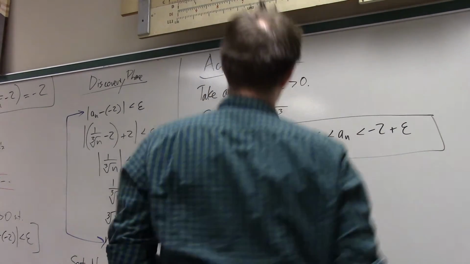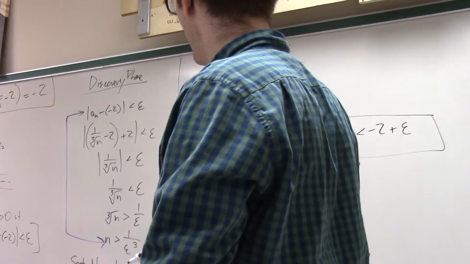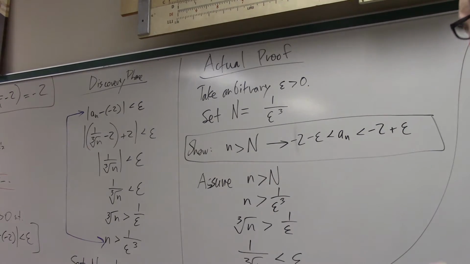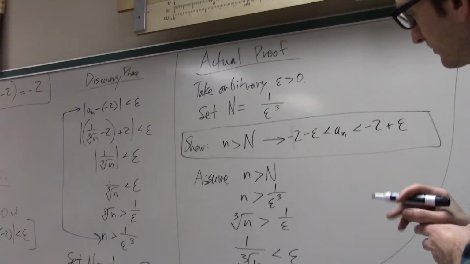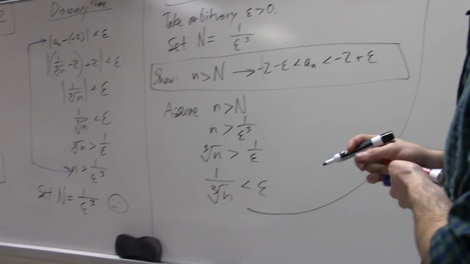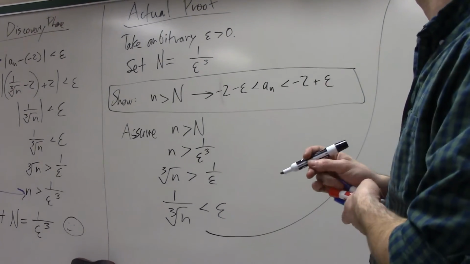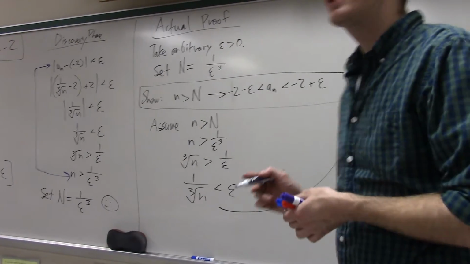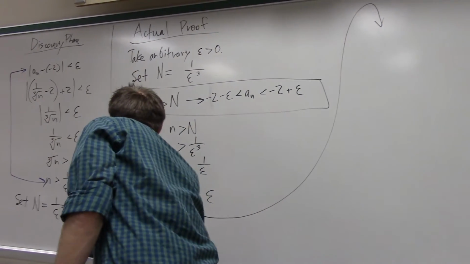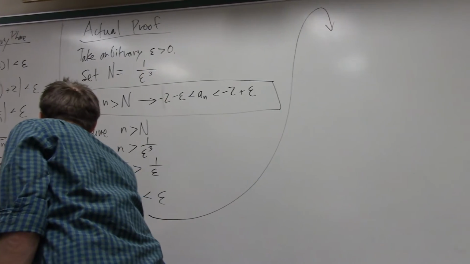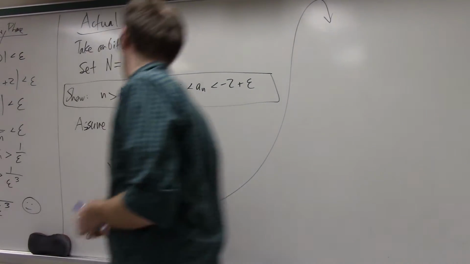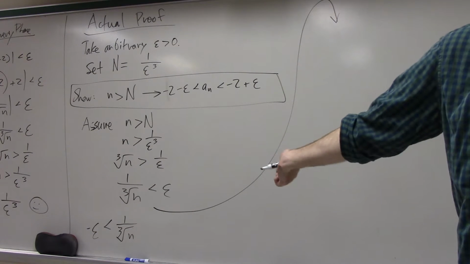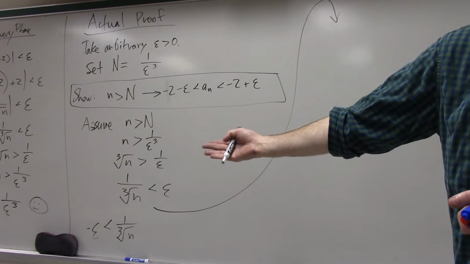And now I'm kind of here, right? And then, okay, now things get a little interesting because what I really want to do is I want to say that this is between negative epsilon and epsilon. Is that allowed? I think it is, right? 1 over cube root n just is going to be bigger than negative epsilon. Why? Because it's positive, and epsilon is also positive.